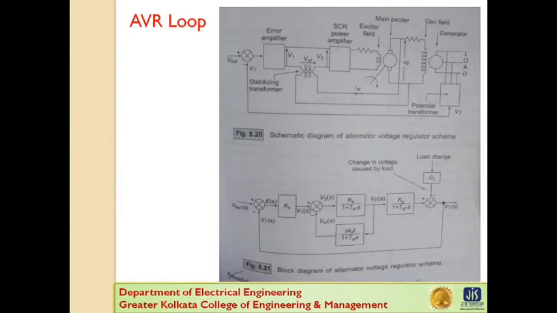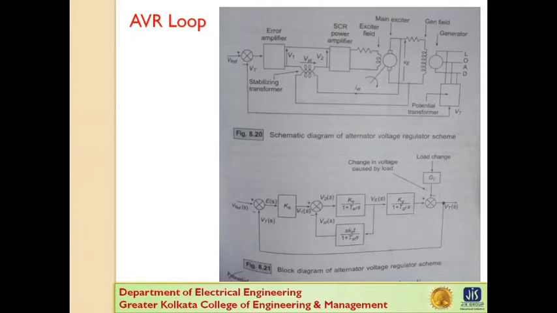Now this figure shows the schematic diagram of an automatic voltage regulator of a generator. It basically consists of a main exciter, SCR power amplifier, error amplifier, potential transformer and stabilizing transformer, and obviously an alternator.